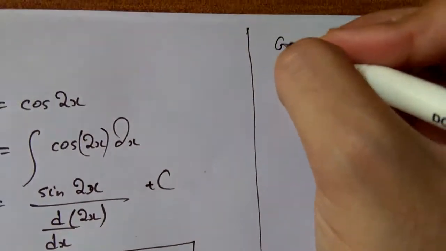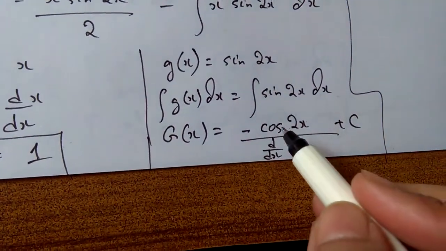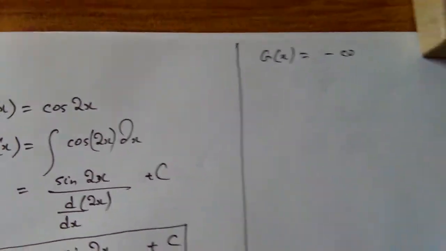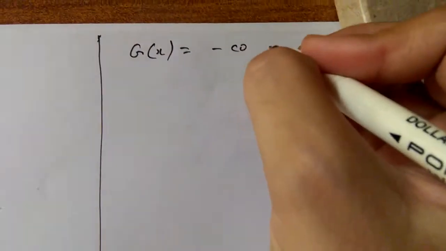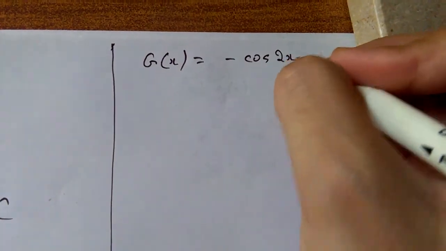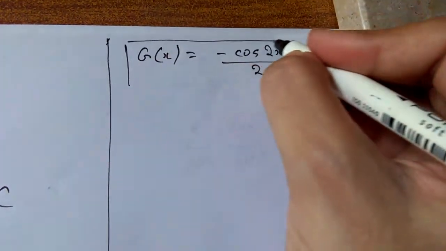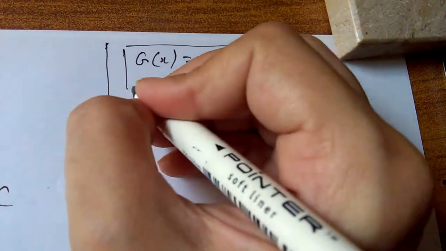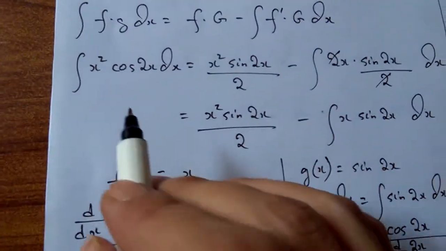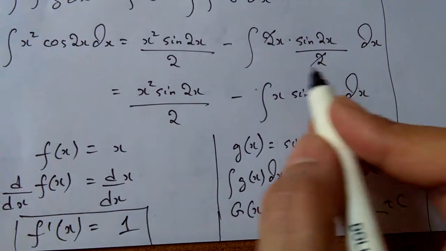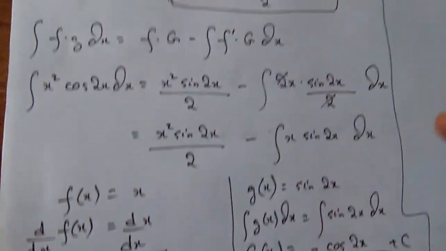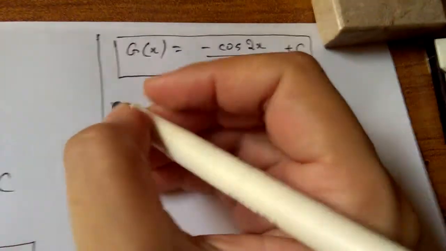Your g of x comes out to be negative cosine 2x upon 2, plus some constant. This is your g of x now. So now over here at this place you're going to apply the by parts. So let us do it.